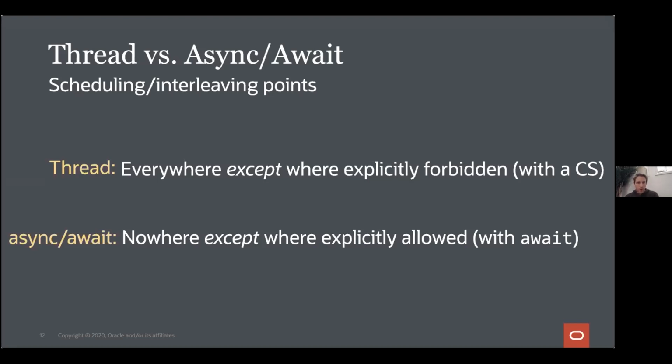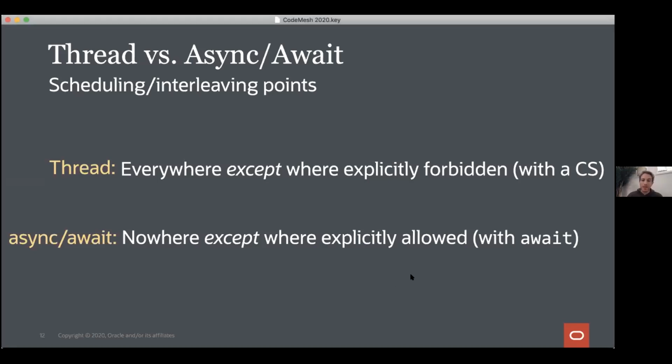But regardless of your personal preference, many languages already have threads. So scheduling points can happen anywhere, anyway. And adding yet another construct with very similar semantics, but slightly different rules only complicates matters. But some languages don't have threads, or rather they have just one thread, and there's no interleaving.